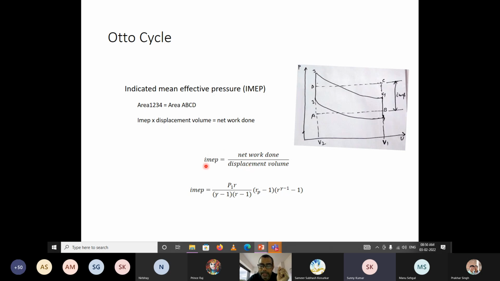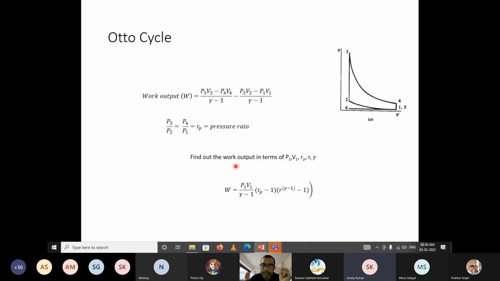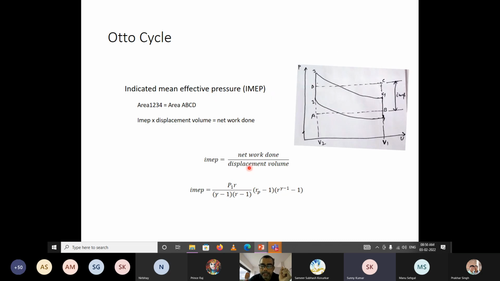The net work done we have already calculated here. If this equation is divided by the displacement volume, V1 minus V2, we get the indicated mean effective pressure.